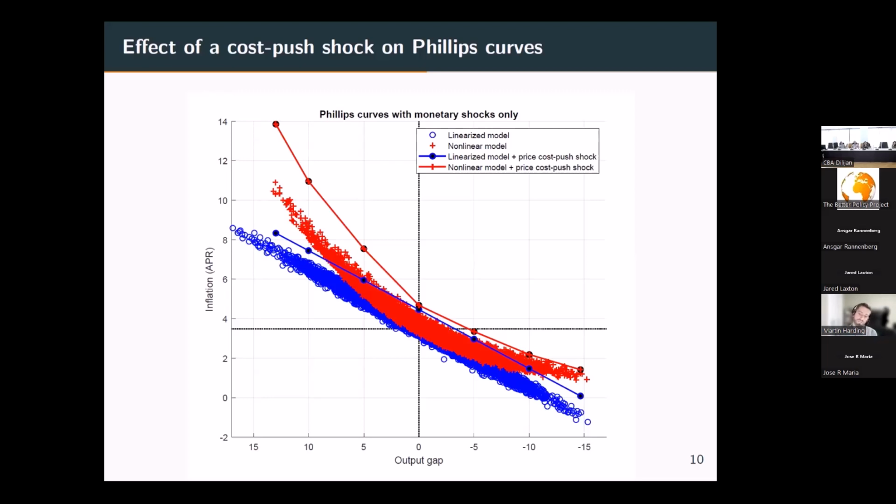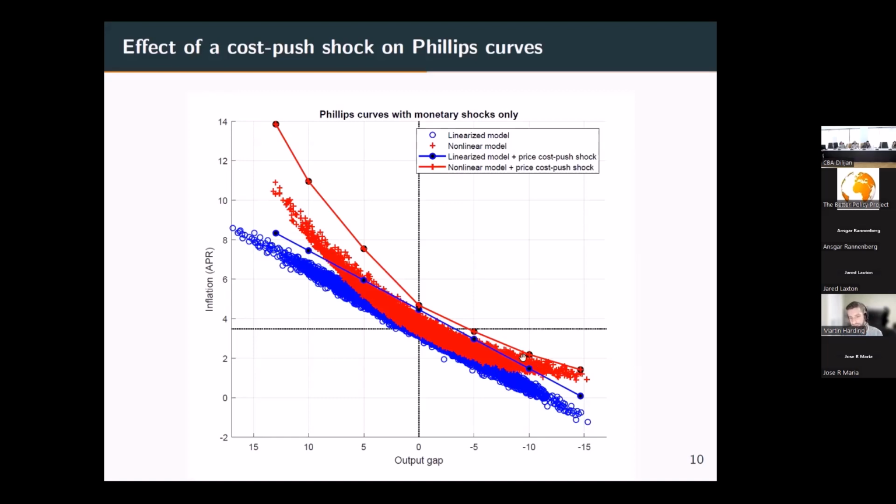Now, the interesting part is what happens for the red crosses that give you the responses of the nonlinear model to a cost push shock. And you see that the Phillips curve here doesn't really shift outward, but it really tilts outward, where you see that when you are in a deep recession, for example, a cost push shock barely has any effect on inflation.